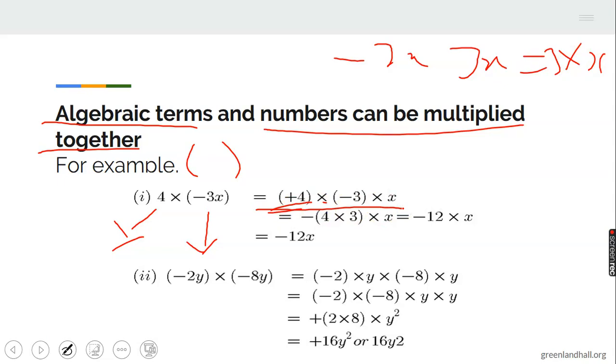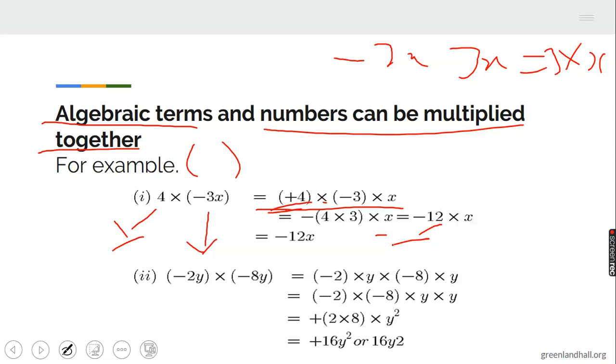Now, when you have plus and minus together in a multiplication, you use the minus because that minus will cancel the plus. We have minus open bracket 4 times 3 times x. The first thing to do is multiply the numbers together before the letter. Now, 4 times 3 is 12.